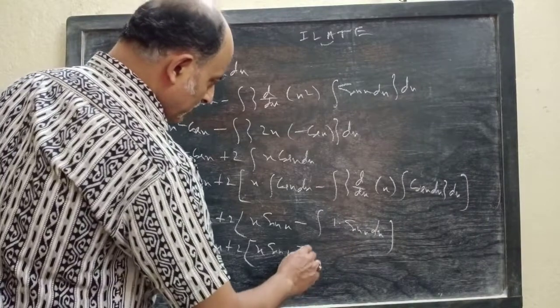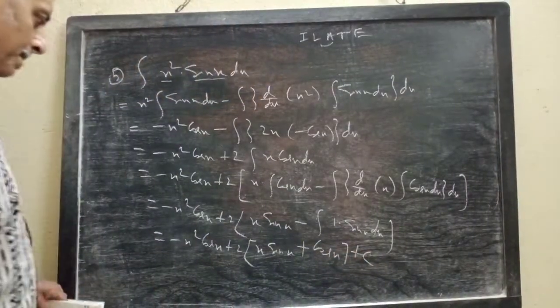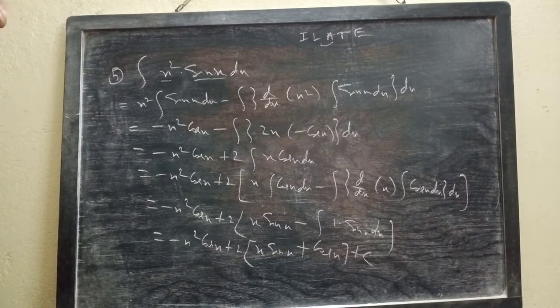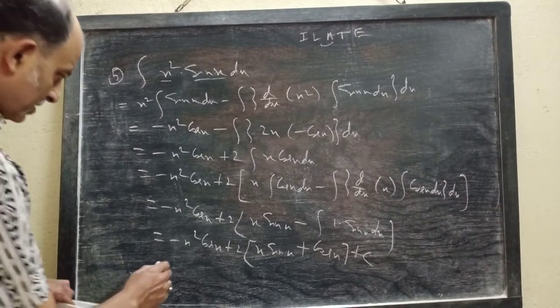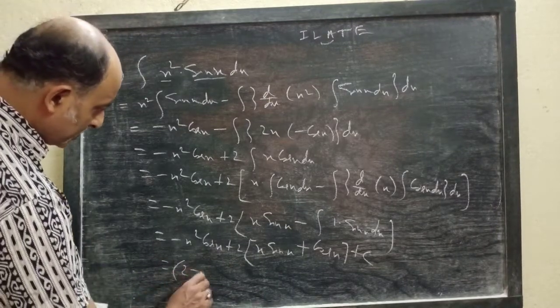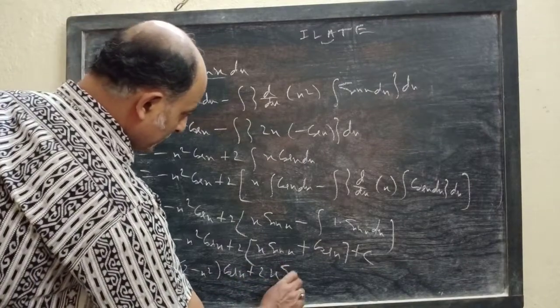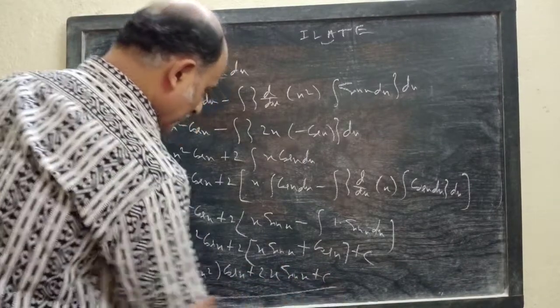Integral of sin x is minus cos x, so plus cos x plus c. You can write it as minus x square cos x plus 2x sin x plus 2 cos x plus c. This is your answer.